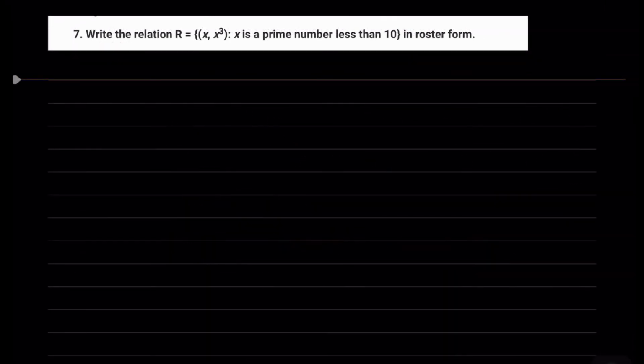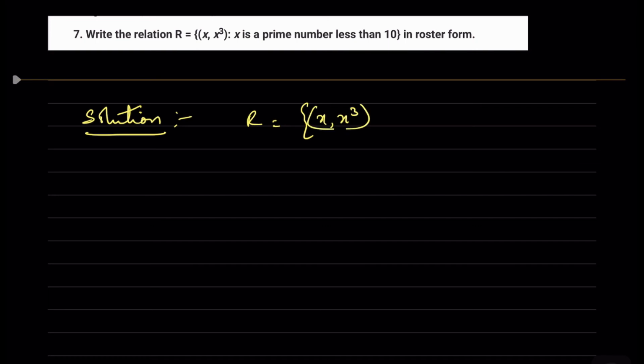In this, the seventh one: write the relation R equal to x comma x cubed, where x is a prime number less than 10, in roster form. So in the solution, the relation given to us is all the ordered pairs x comma x cubed such that x is a prime number less than 10.